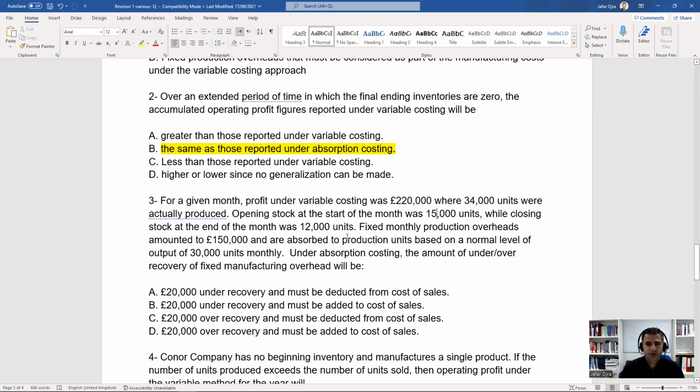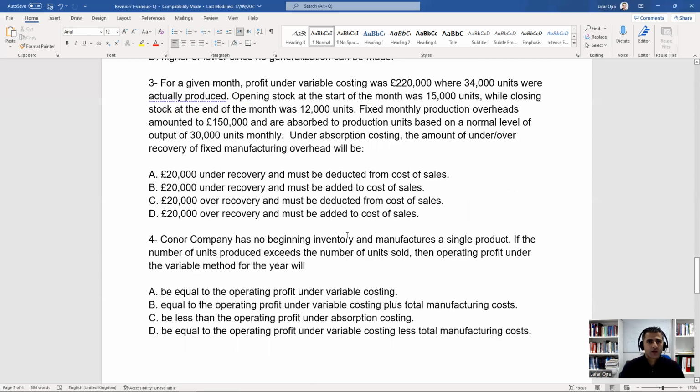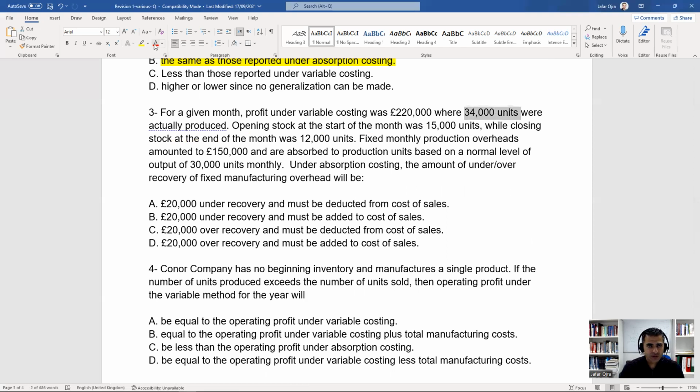Okay, here we go. For a given month, profit under variable costing is 220,000. That's fine. Where 34,000 units were actually produced. That's important.